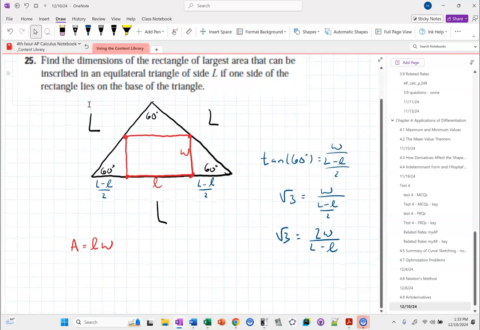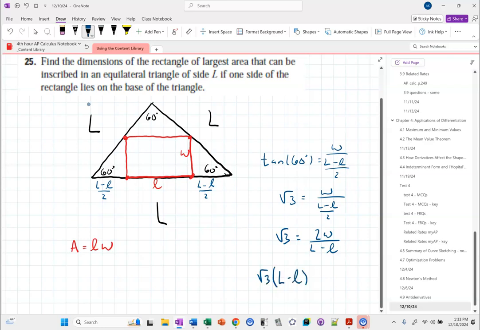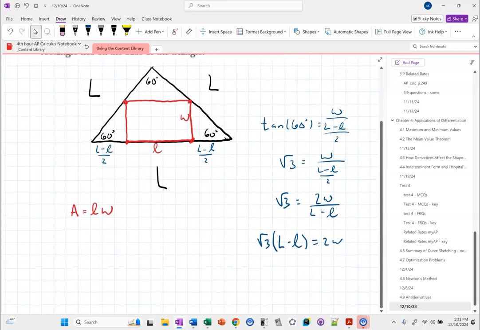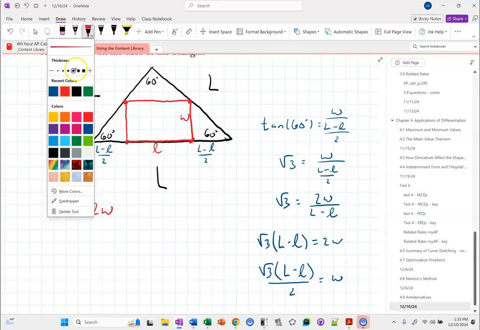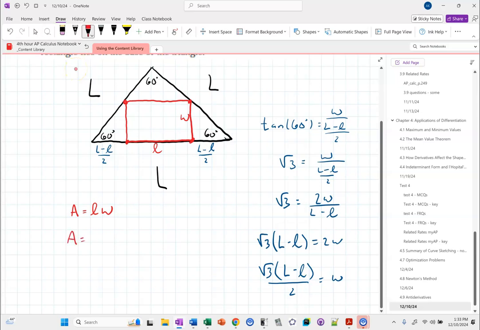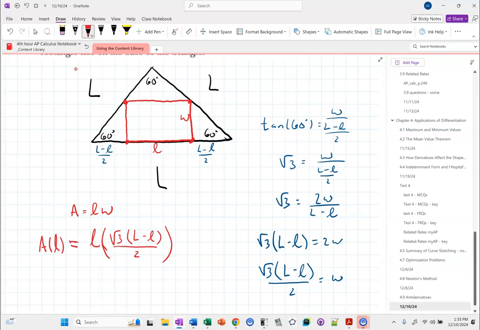And so if I multiply both sides by L minus L over 2, that's W. So far, so good?